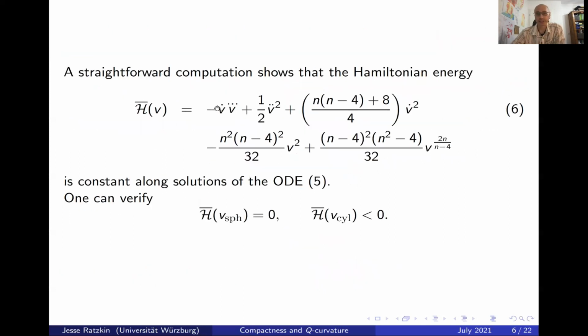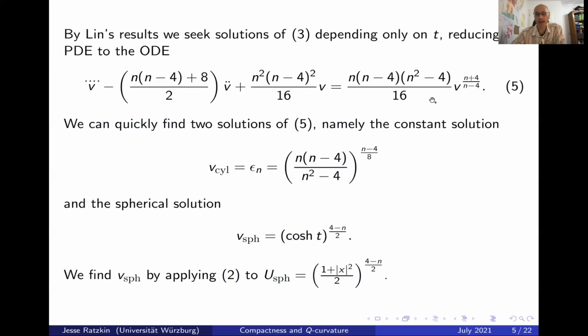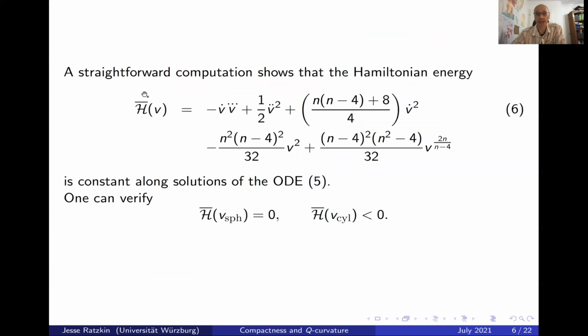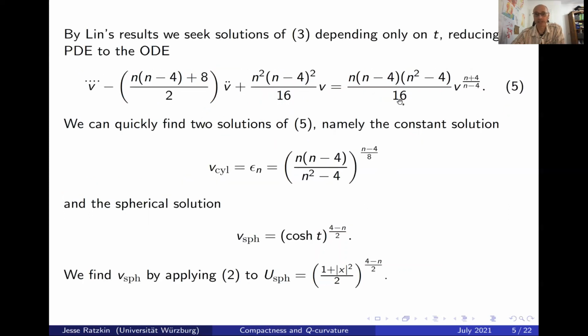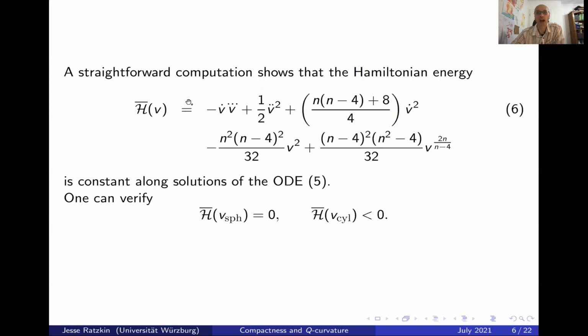It's also fairly straightforward to show that this ODE has a Hamiltonian energy. What does that mean? That means that this H bar evaluated on any solution of this ODE is constant.